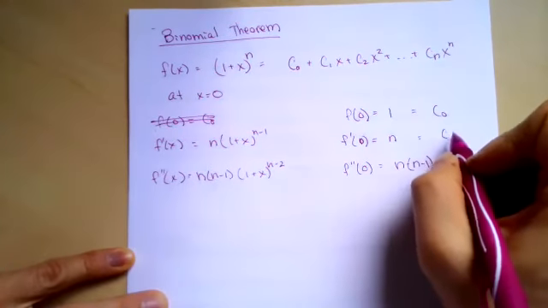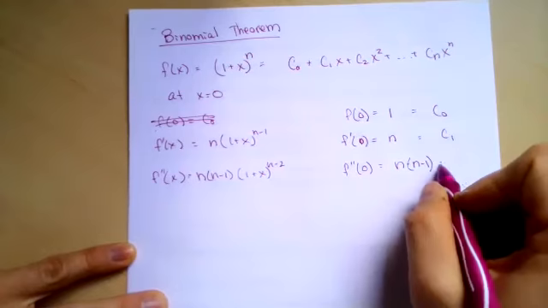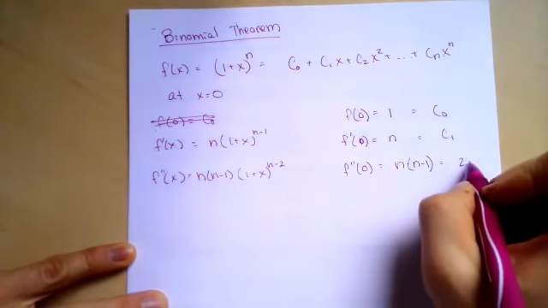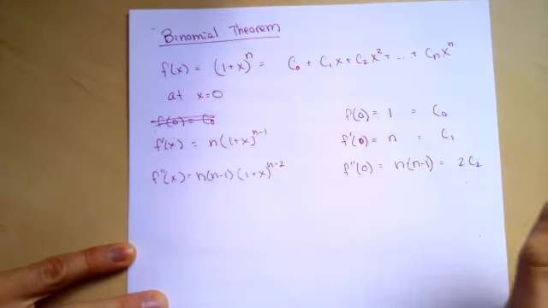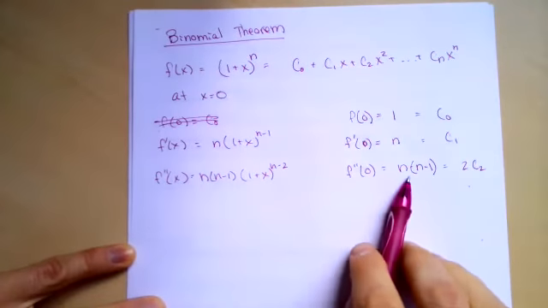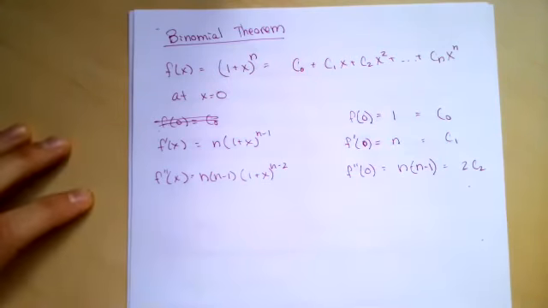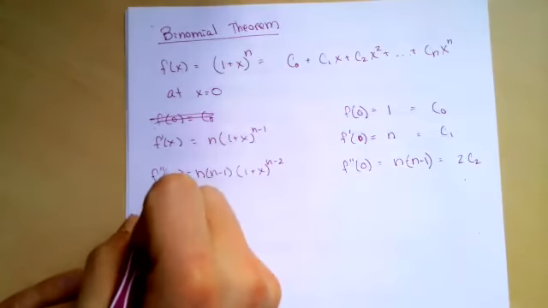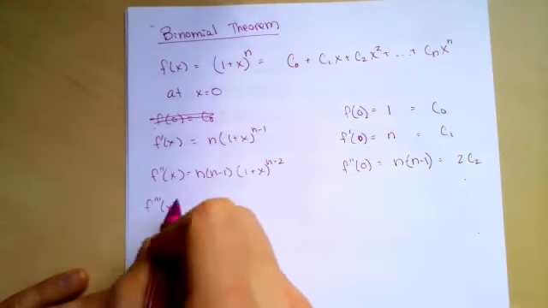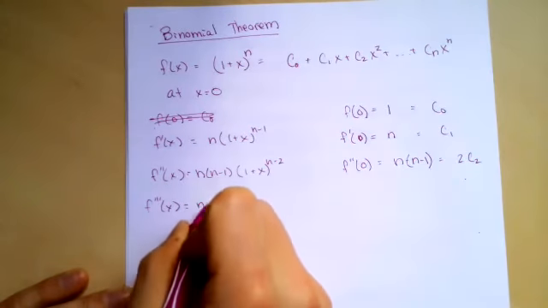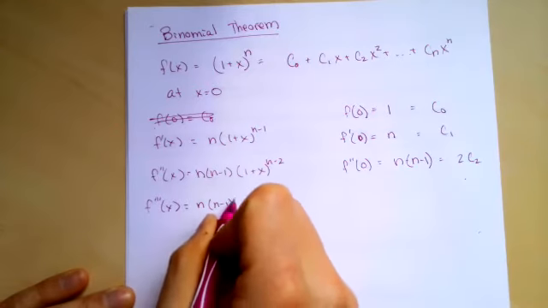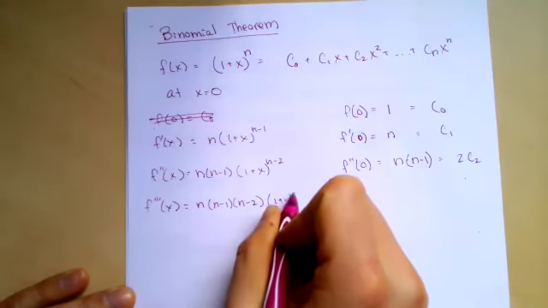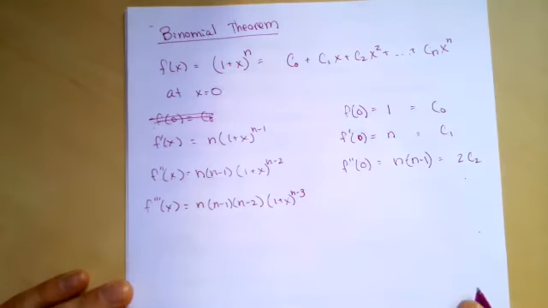So if that guy's our C1, this guy is not quite C2, right? Remember, this is 2 times C2. I would need to divide this guy by 2 factorial to get that. You can kind of see the pattern. What's going to happen when I take 3 derivatives? It's going to be n times n minus 1 times n minus 2, times (1 plus x) to the n minus 3.